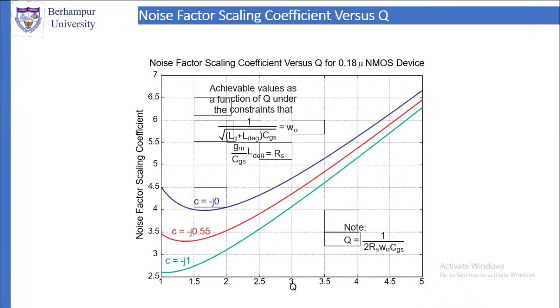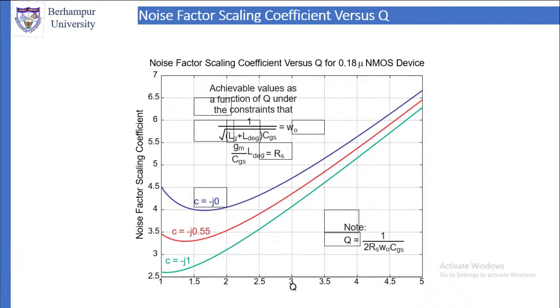When C is equal to minus J0.55, the noise factor is between 3 and 2.5, around 3.25. That is the lowest value of noise factor. The lowest noise is obtained for Q around 1.5, between 1.5 and 2.